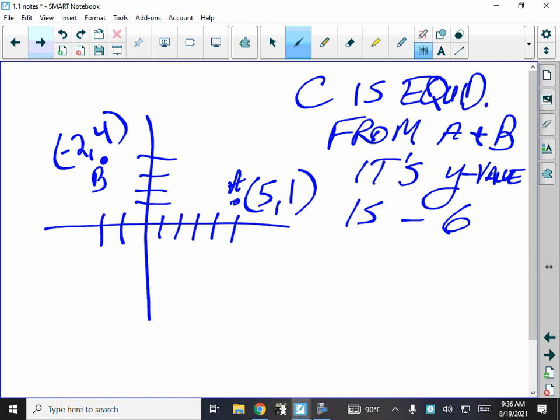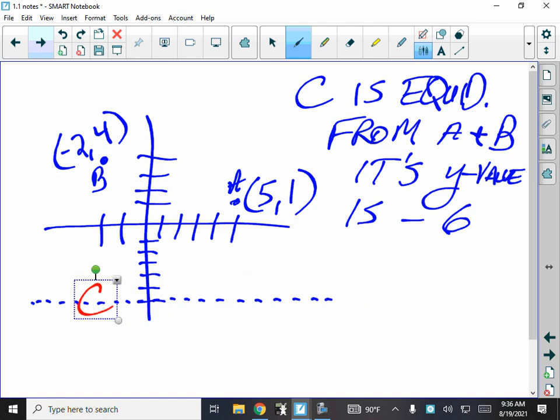Well, I know that the C value is floating 1, 2, 3, 4, 5, 6. Look, here's C. And C's like, whoa, where do I go?